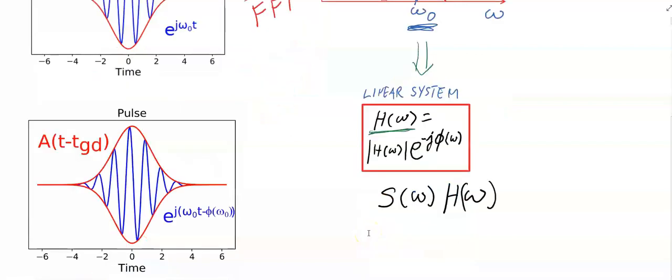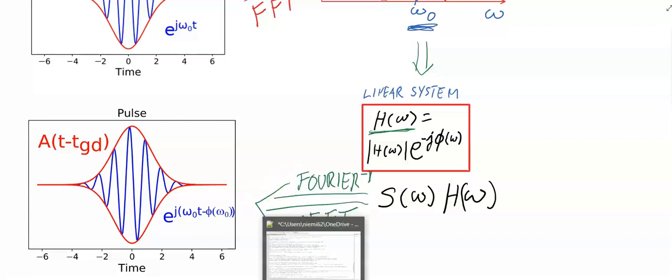The output of the system is a product of the spectrum and the transfer function. Transfer back to the time domain will reproduce our pulse and the carrier wave. This can be done by inverse Fourier transform or discrete inverse Fourier transform.